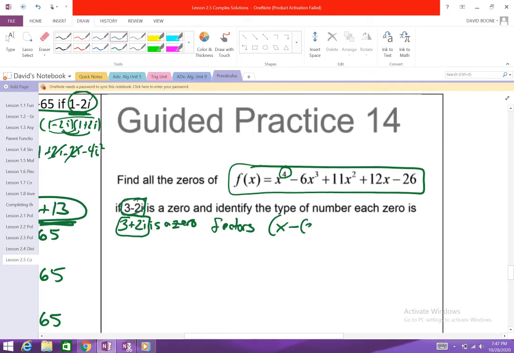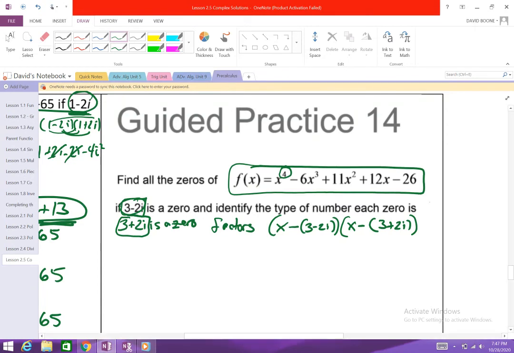It would be x minus this first one, so minus 3 minus 2i, and I've got a factor for this one, and that'd be x minus this 3 plus 2i. Those are our factors.